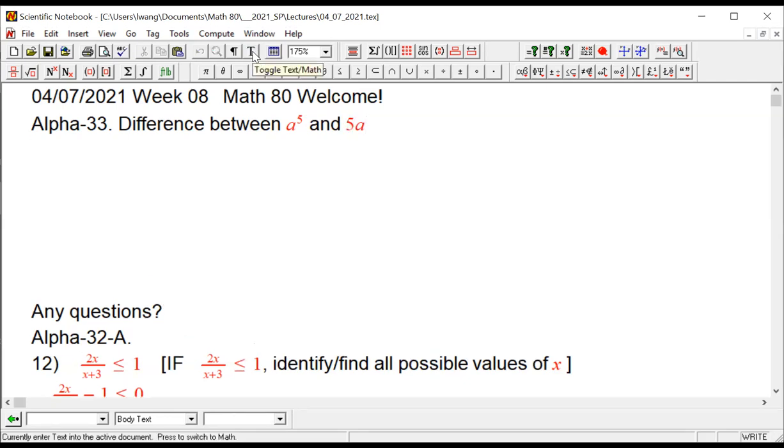Do you know the difference? And of course, after we point out these differences, we're going to go straight to 34a.